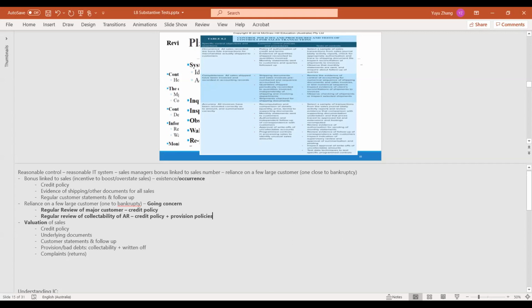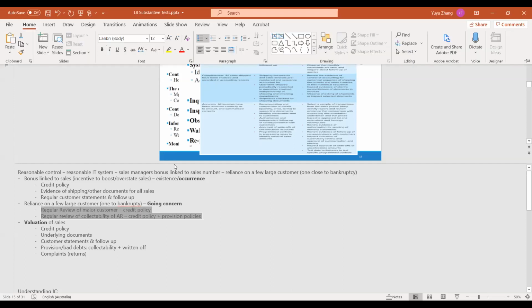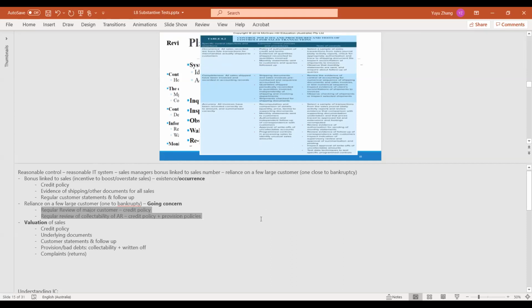Why shall we focus on those important controls? Because those are the basis for us to design the test of controls. When you design your test of controls, what you want to do is to test those key control points, right?